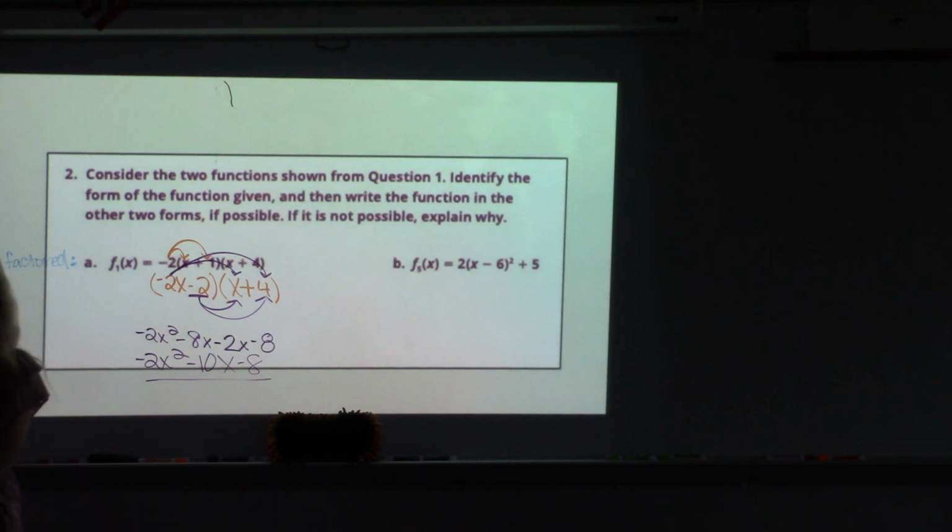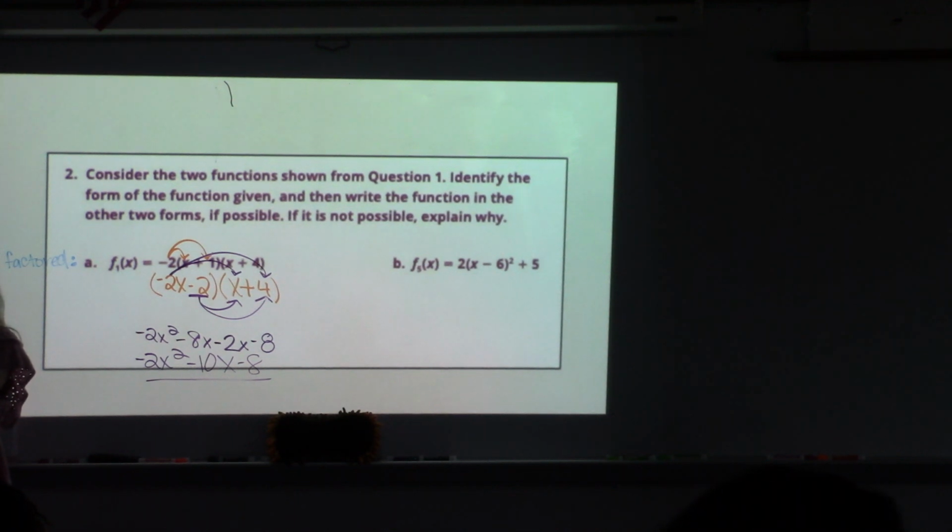Can I just write a vertex equation using any points? No. What do I need? Do I need x-intercepts for vertex form? No. I would need the vertex. Okay, so if I don't know what it is algebraically, is there another mathematical representation I could use to find what that vertex is?